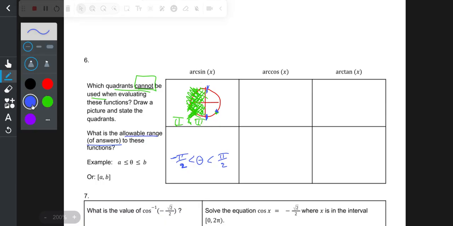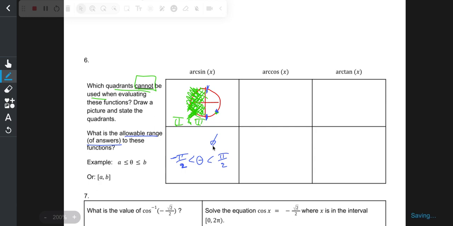And another way to write this range is, I should say, with "or equal to." I use brackets because you're allowed to name this as your answer or that as your answer to this inverse function.